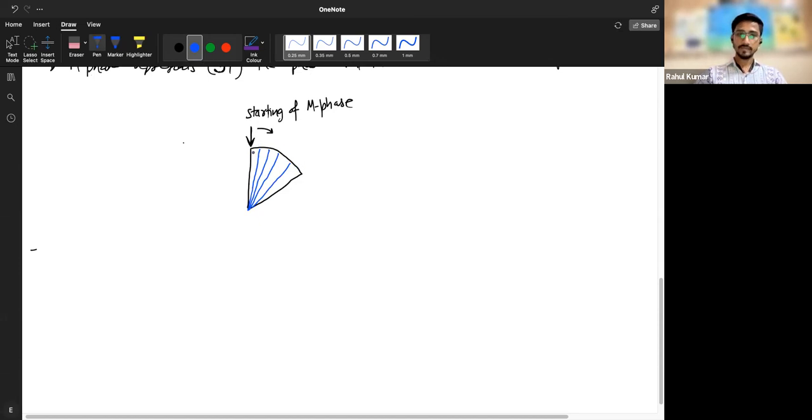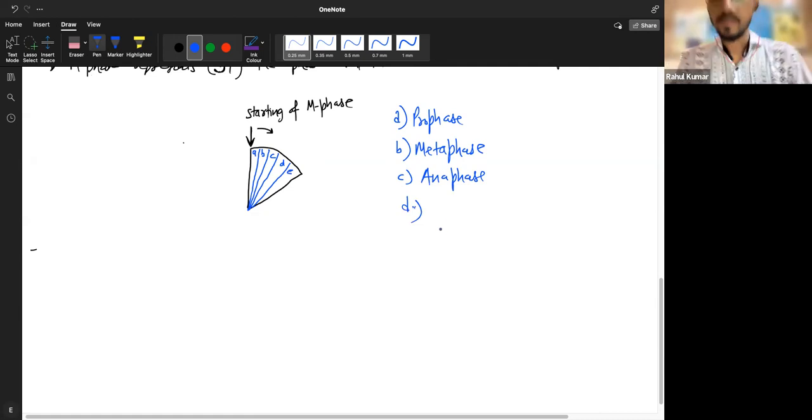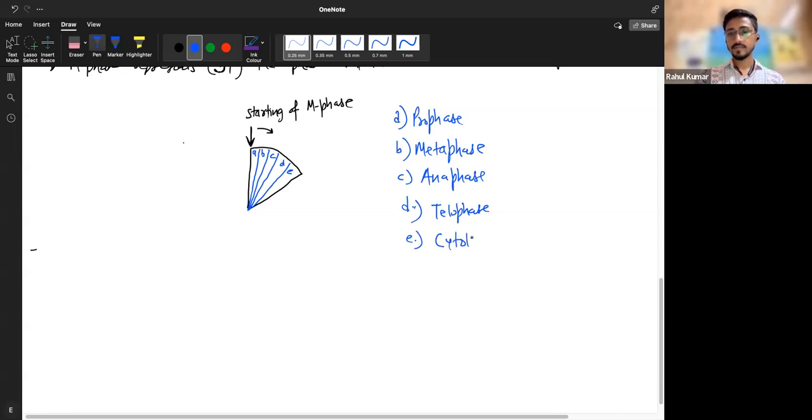So I'm marking them as A, B, C, D, E, and I'm writing it here. A is prophase, B is metaphase, C is anaphase, D is telophase, and E is cytokinesis.